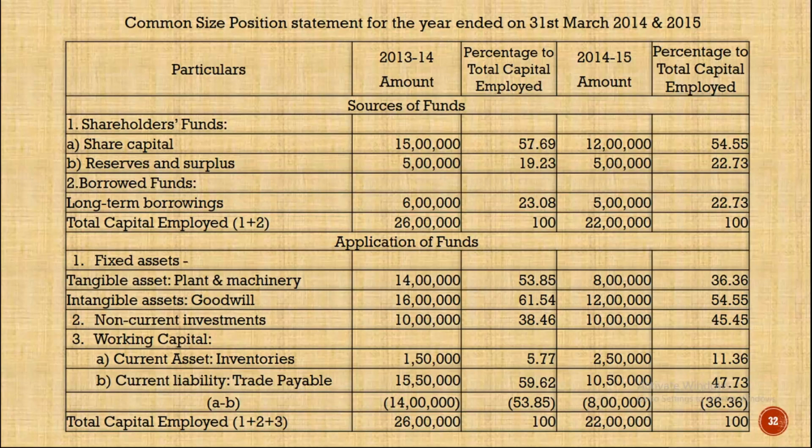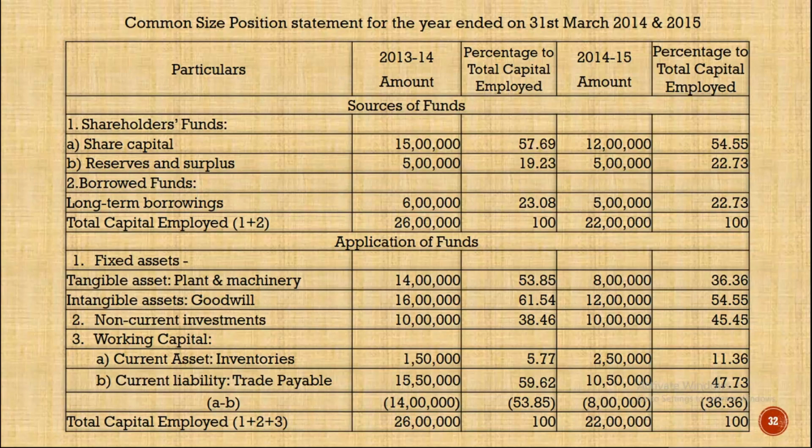First is the sources of funds, and under that, first is shareholders' fund. We have presented 2014 and 2015 data concerning the amount in the second and fourth columns. Then percentage to total capital employed.